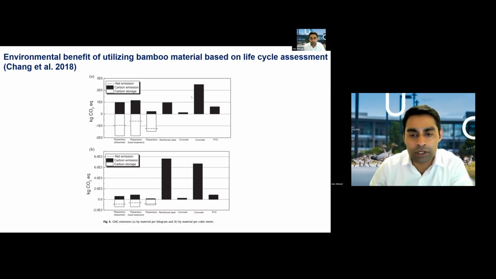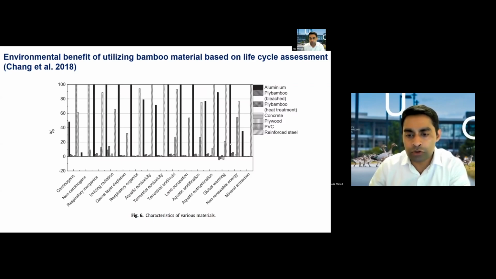Compared to others, the others naturally cannot store any carbon. So these can, and because they can, overall carbon dioxide emission is negative. So you can see the engineered bamboo will be able to be net negative in terms of equivalent carbon dioxide, which is very promising.